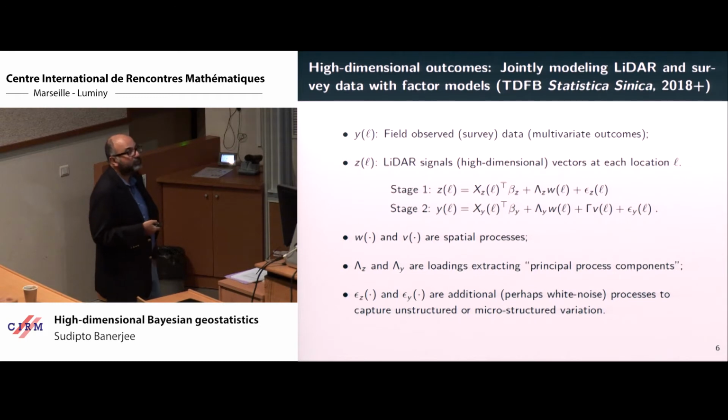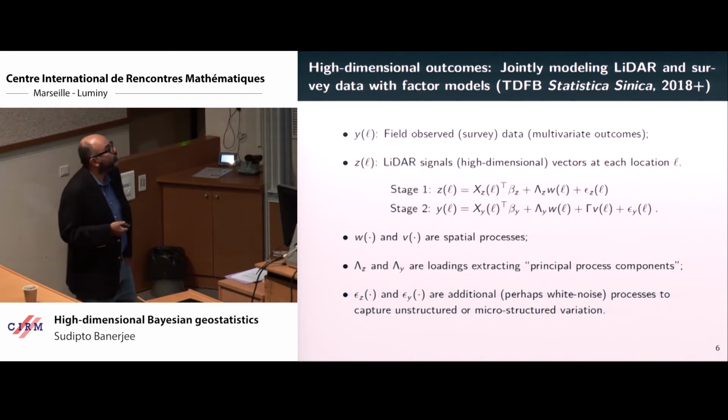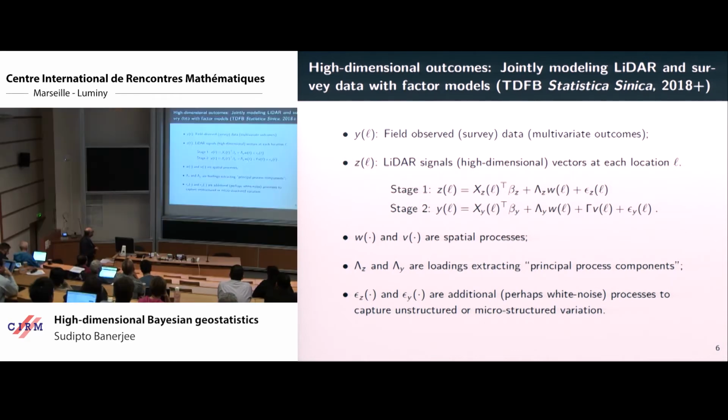This is a fairly flexible model, and it can still be fitted using MCMC and so on. The key point here, however, is not so much the high dimensionality of the Z and the Y, which can be taken care of using these loading matrices and some sort of principal components, but that the high-dimensional aspect in spatial statistics really comes from this process and the number of locations.